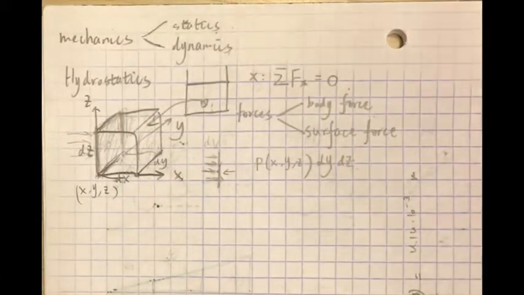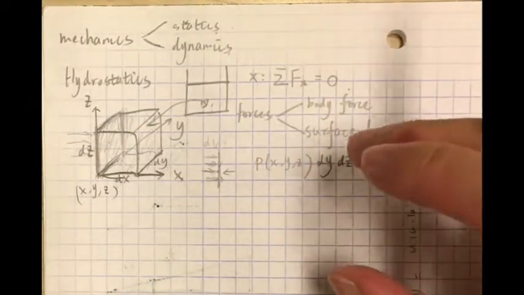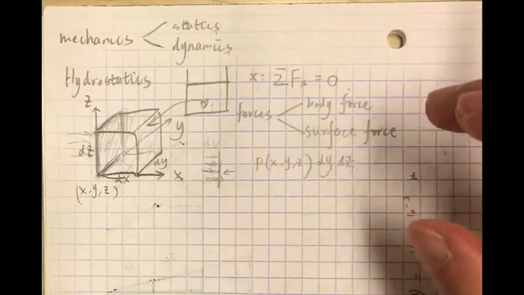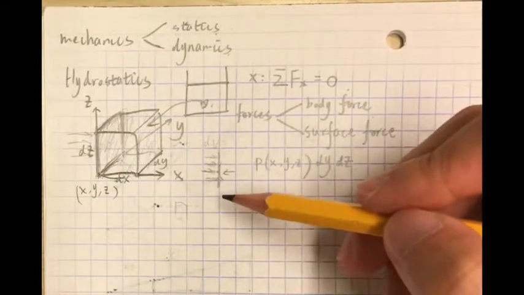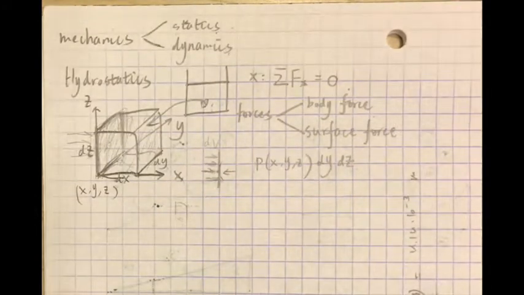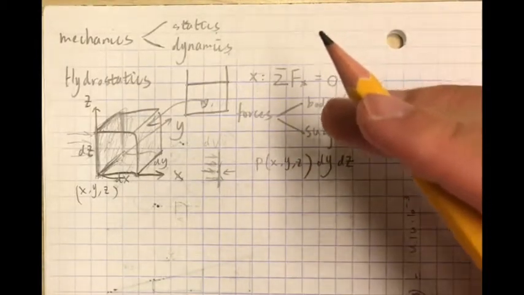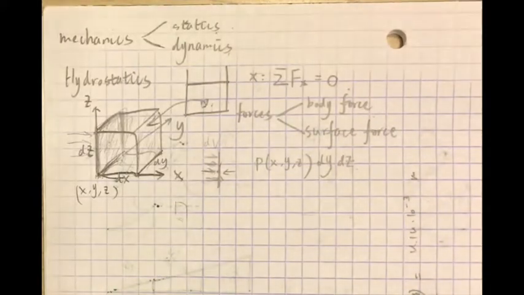By the way, the word pressure in English sometimes refers to the intensity of a pressure force, that is, the pressure force acting on unit area. But sometimes it can just refer to the pressure force itself. So it's a little confusing. But in Chinese, the pressure itself and the force caused by pressure are two different terms. So bear that in mind.